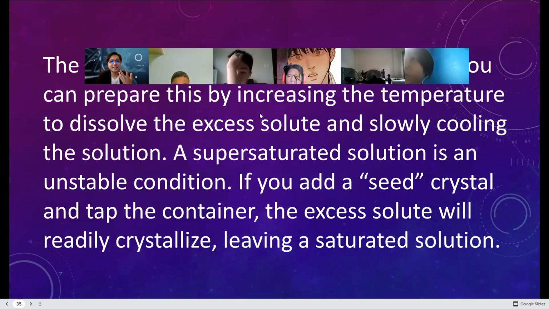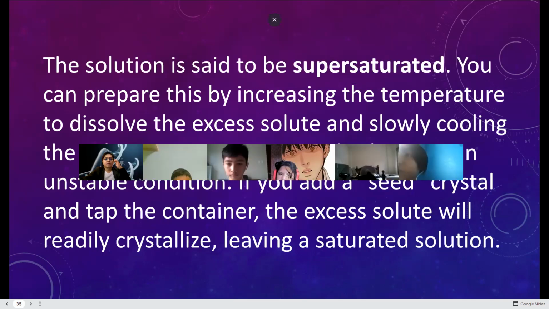Once it cools down, it will actually leave some crystals behind. Why? Because you are creating a supersaturated solution. It will become sticky. The tendency is there are a lot of solutes in that particular solvent.